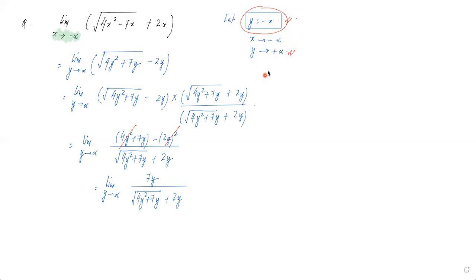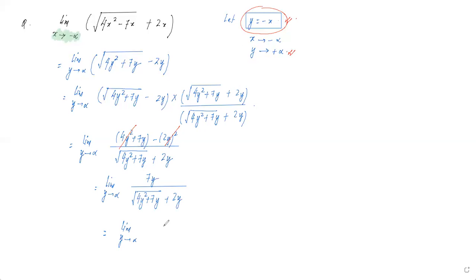Now, since infinity is involved, हमें फिर से वही करना है, infinity को denominator में लाना है हर एक term के. So highest power of the numerator is just y power 1, and highest power of the denominator we can see once again it is y power 1, because y square inside the square root gives y power 1. So पूरे equation को y से divide कर देंगे ऊपर और नीचे.